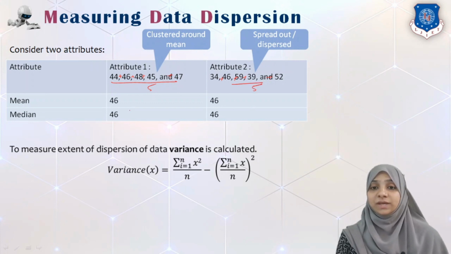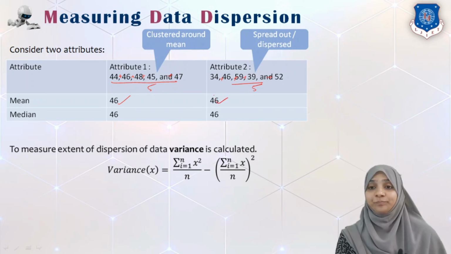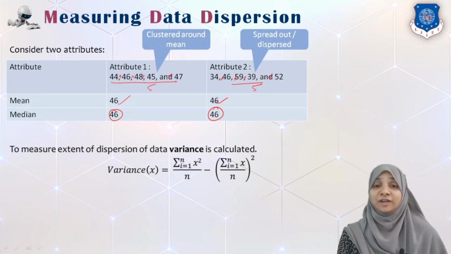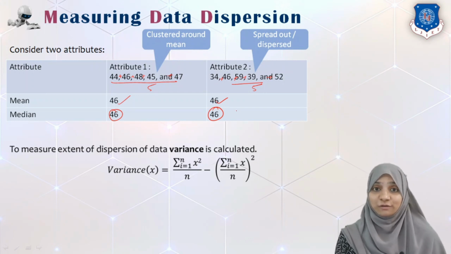Now, the mean of this and this, as you can see, is 46. To calculate the median, I will arrange each series in increasing order and find the middle value. The middle value is 46 here, and after arranging them in increasing order, we get 46 here also.